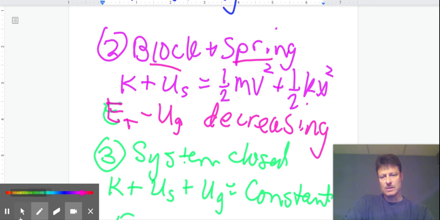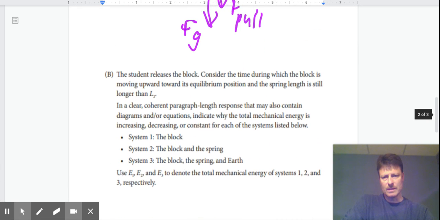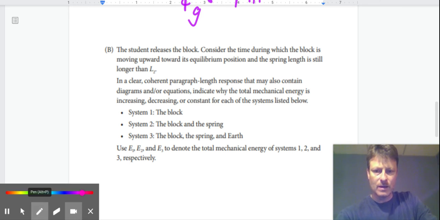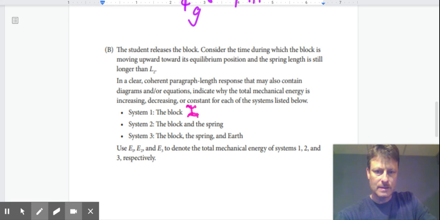Okay. So if we go back up and take a look, the question asks us to indicate whether the total mechanical energy is increasing, decreasing, or constant for each of the systems. We again said for the block, it's increasing. We said it was decreasing for the block and the spring.